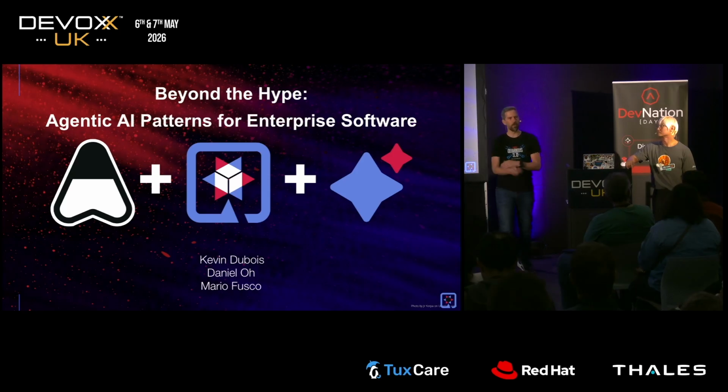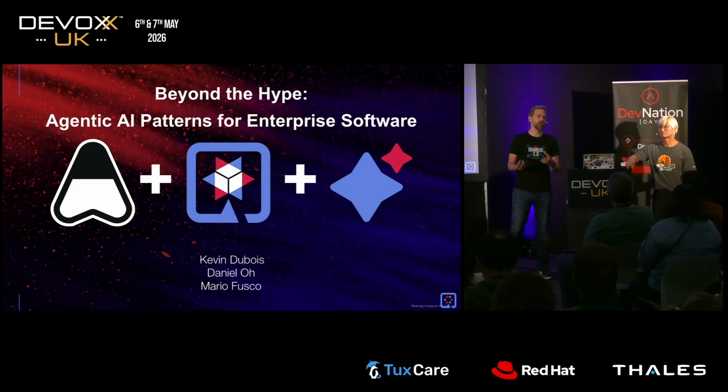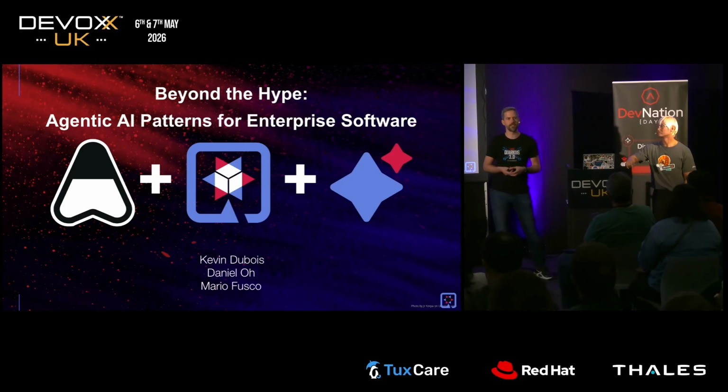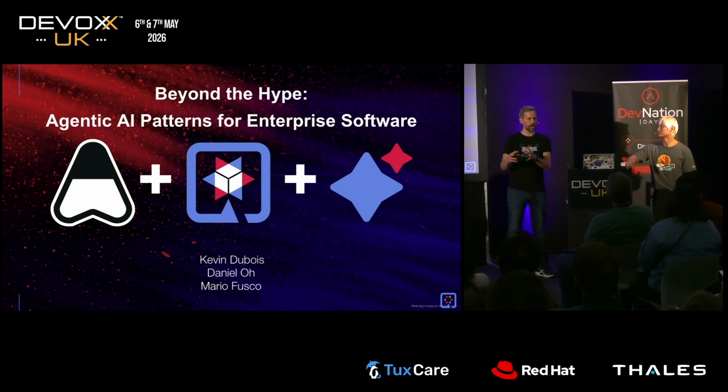This is a way for us as Java developers to actually leverage AI in a way that makes a lot of sense, where we can mix and match our deterministic code with LLMs where we need it, and we can orchestrate agents in a sensible way, because we also want to make sure that we have specialized, well-trained agents that can do their task really well, and that could potentially each use their own model, and then we can orchestrate them together. So that's where we're building up to in this session.